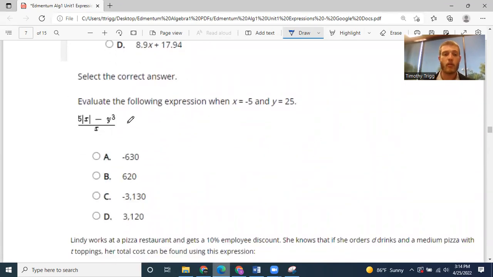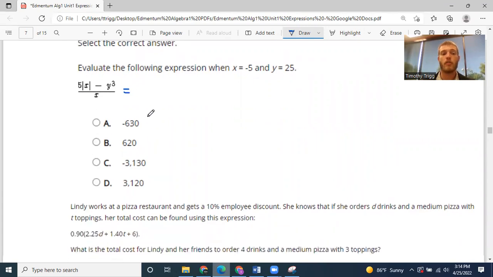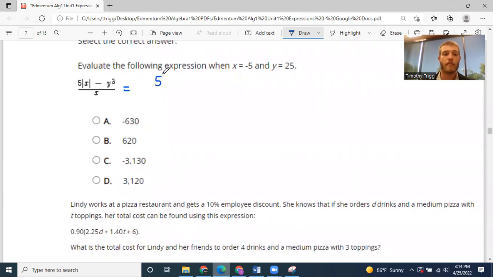Here's another absolute value question. I'm going to go ahead and work this one with you completely. So this is 5 times the absolute value of negative 5. I'm replacing the x with the x value here. Minus, replace the y with 25 in this case. This is to the power of 3. Again, that means 25 times 25 times 25.